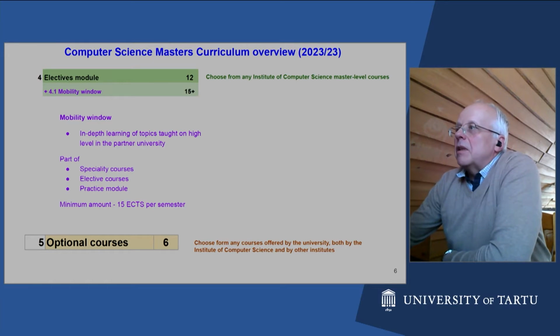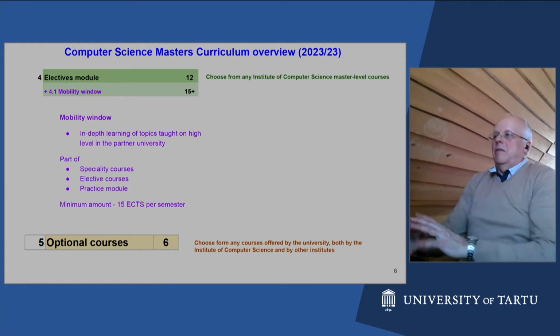And connected with the electives module, there is also the possibility to do a mobility window, which means going to some of our partner universities, where you have to do at least 15 credits per semester, and you can do the specialty courses, elective courses, or practice module courses.